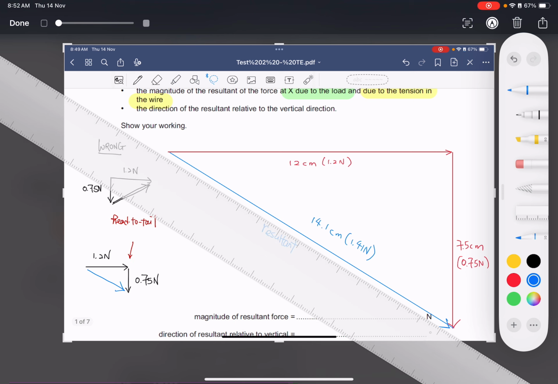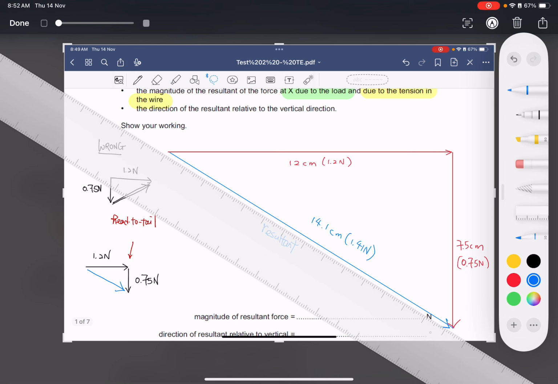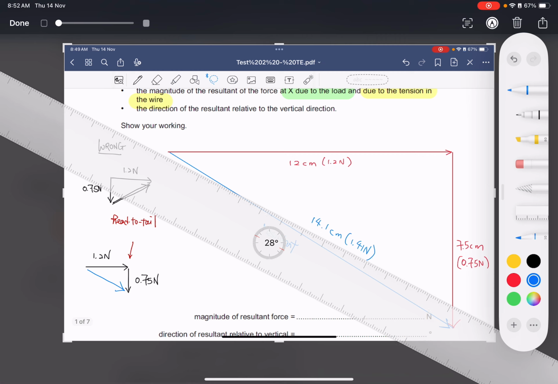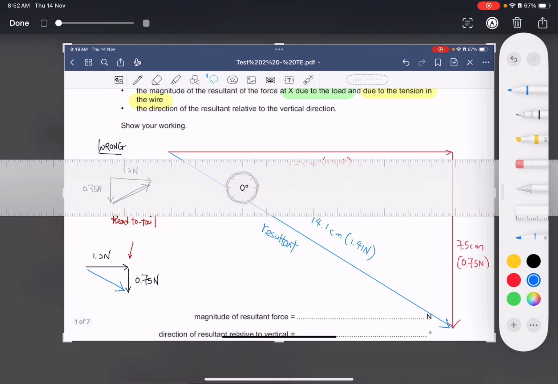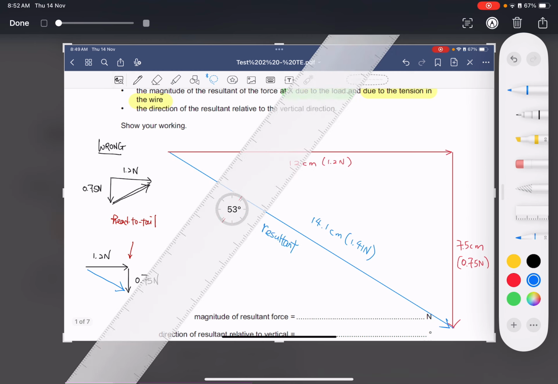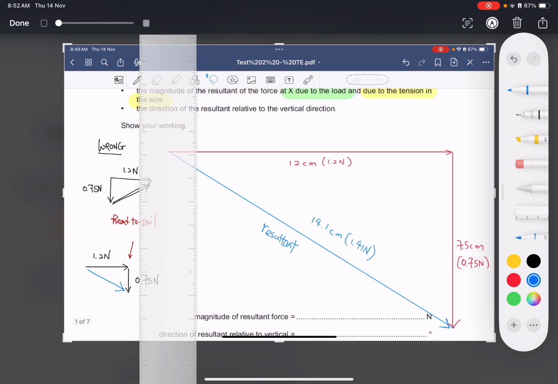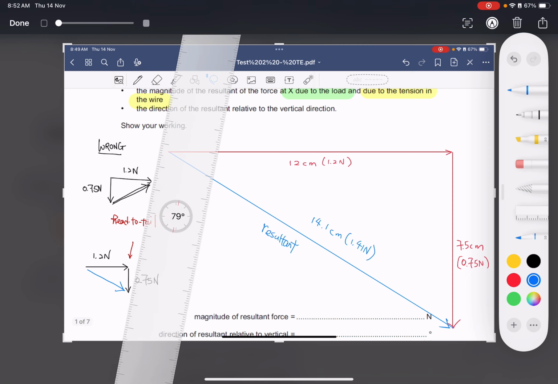Okay? So there is still a question about direction, right? Direction relative to vertical. I'm not very familiar with this, so I need to turn it.